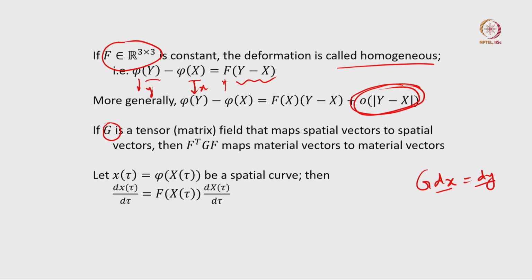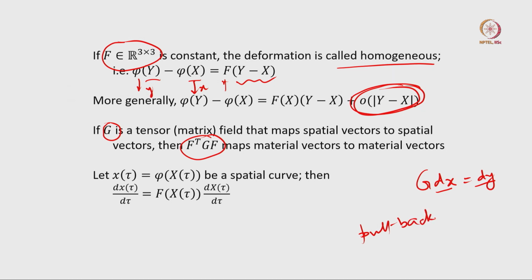F transpose, unlike F, is a mapping from the spatial vector to the material vector, the opposite, because it is a transpose. So F transpose acts on that spatial vector to produce a material vector. For this whole quantity, we put in a material vector and got another material vector as output. This kind of operation is called a pullback operation, that is the typical name.